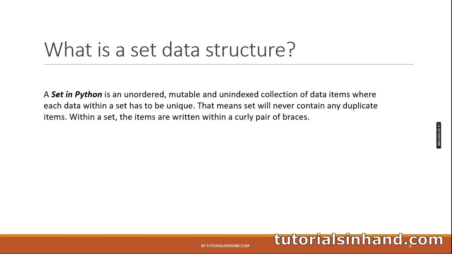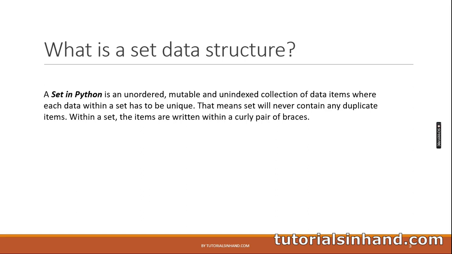What is a set data structure? A set in Python is an unordered, mutable, and unindexed collection of data items where each data item within a set has to be unique. That means a set will never contain any duplicate items. Within a set, the items are written within a pair of curly braces. If you have watched our previous video, you are already aware that the set data structure is very different from that of a list.